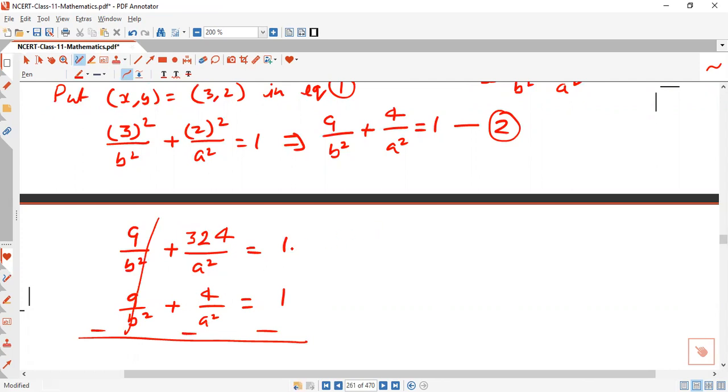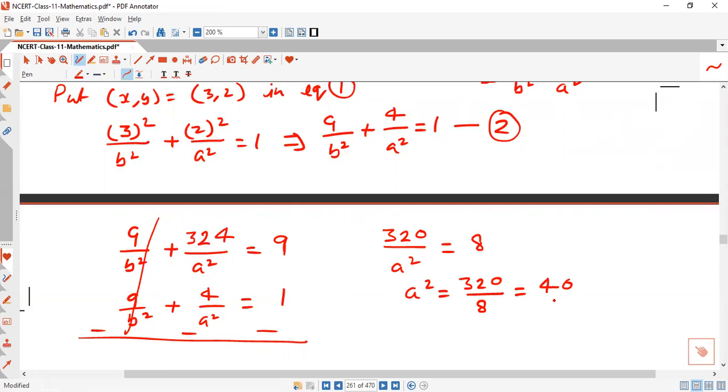We are getting 324 upon a square minus 4 upon a square, which comes out 320 upon a square, equal to, this is also multiplied by 9, 9 minus 1, we are getting 8. So a square comes out 320 by 8, that is 40. So the value of a square is now known to us.